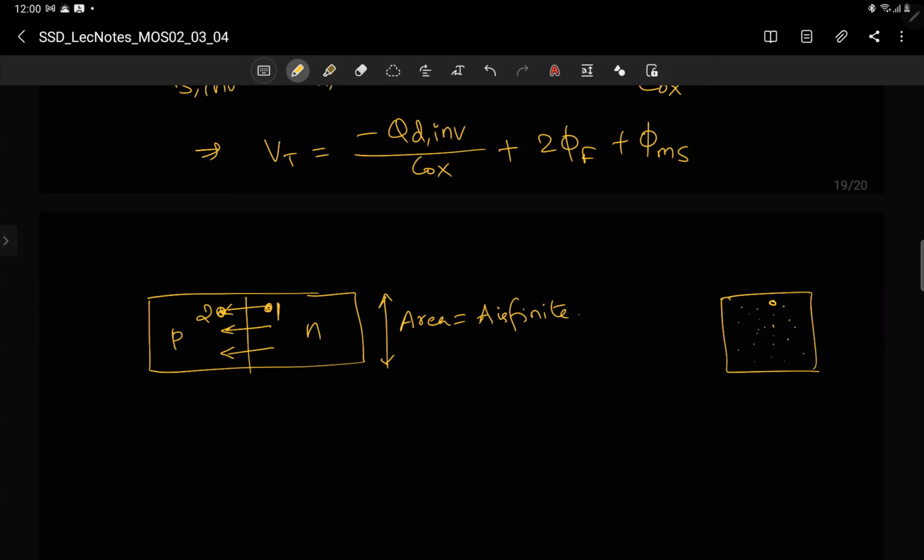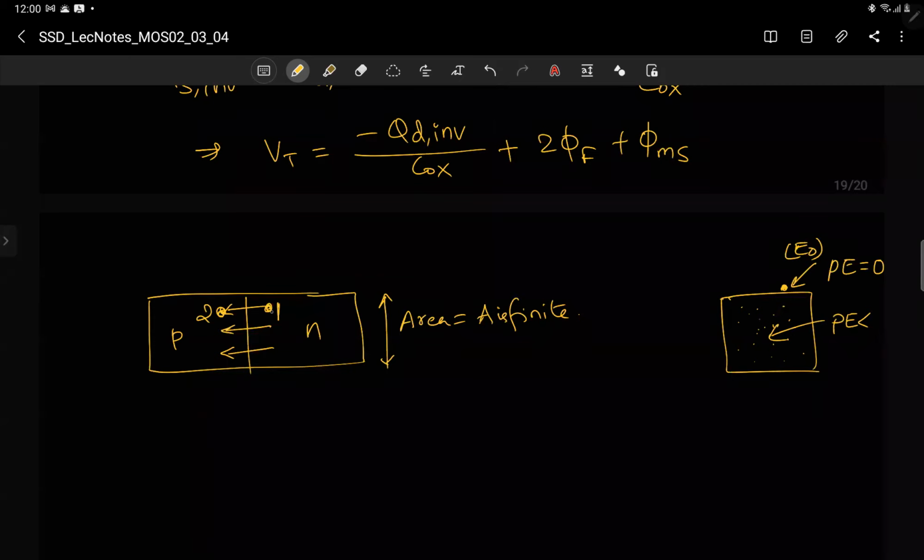But if you take that electron out of the influence of all those nuclei, its potential energy is zero outside. Inside, potential energy is less than zero, and potential energy zero corresponds to the vacuum level E naught.